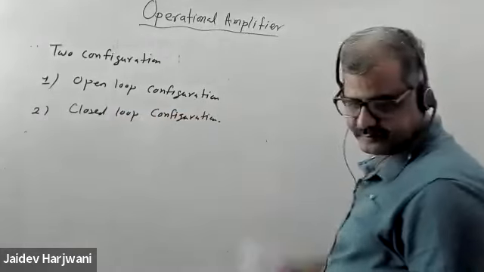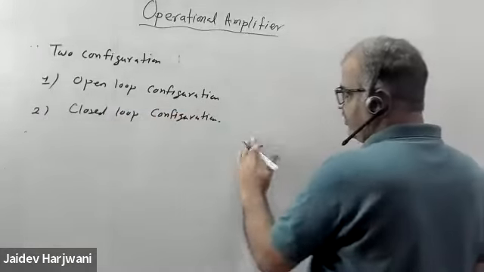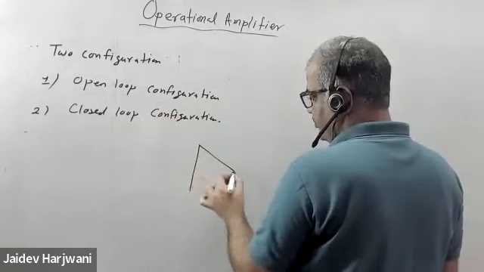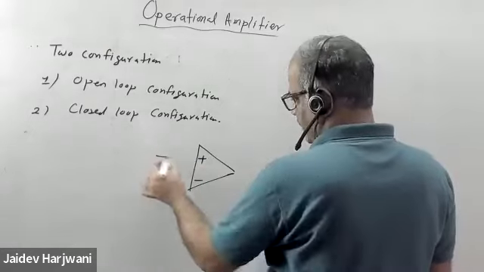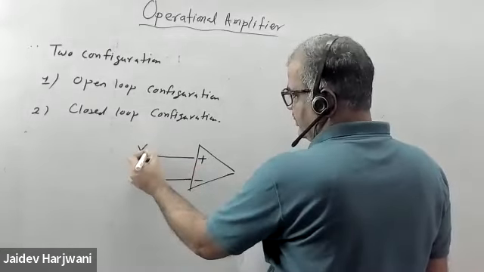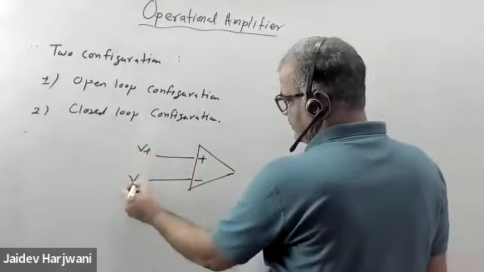Now what is open loop configuration? Say you have the plus and minus terminals, and you are giving some input here. You are giving V plus here and V minus here.